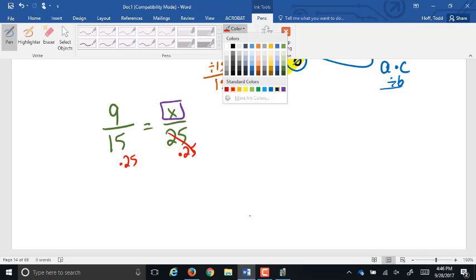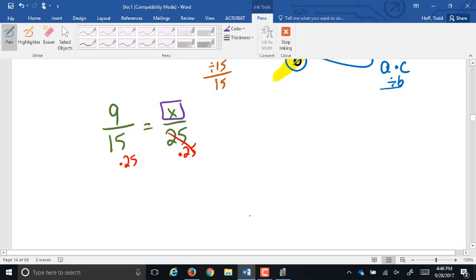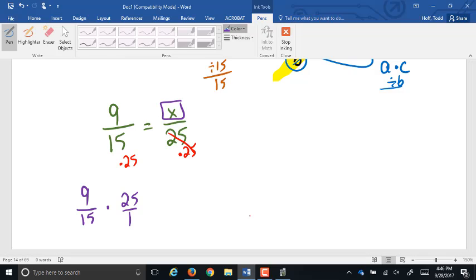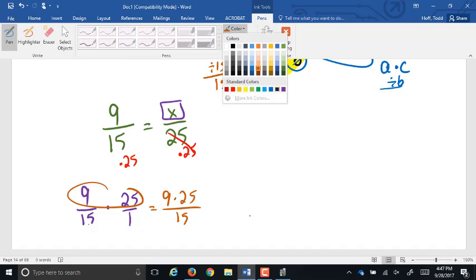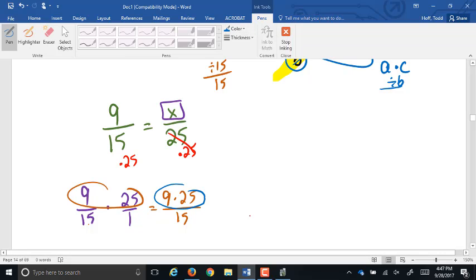Technically on the other side, what would happen is this. This is 9/15. You'd be multiplying by 25 over 1. So you'd multiply straight across: 9 times 25, and on the bottom, 15 times 1 is 15. So the result is 9 times 25 and then divided by 15.